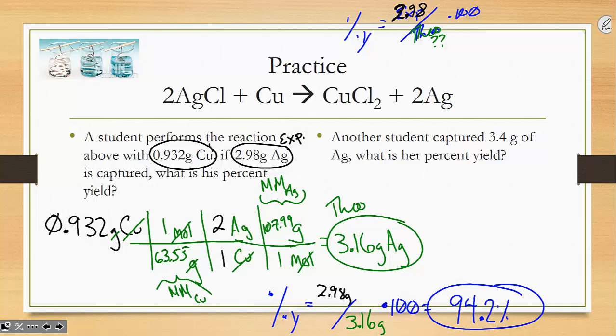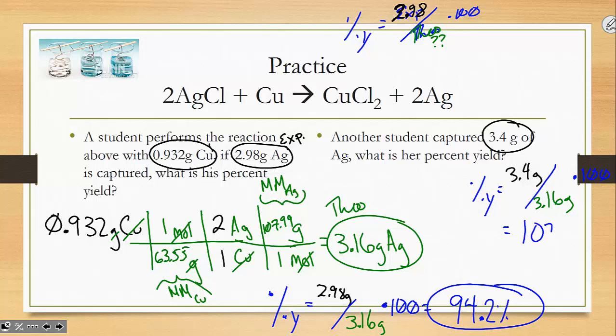If another student conducted the experiment and was able to capture 3.4 grams, what is their percent yield? Percent yield is your experimental yield, which their experiment made 3.4 grams, divided by your theoretical yield. Since this student started with the same amount, their theoretical yield is the same.